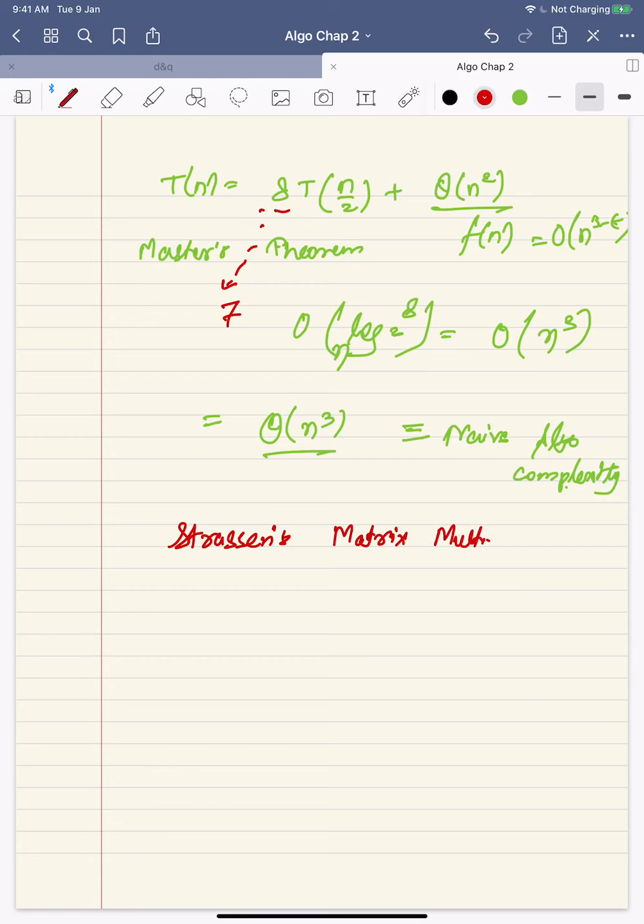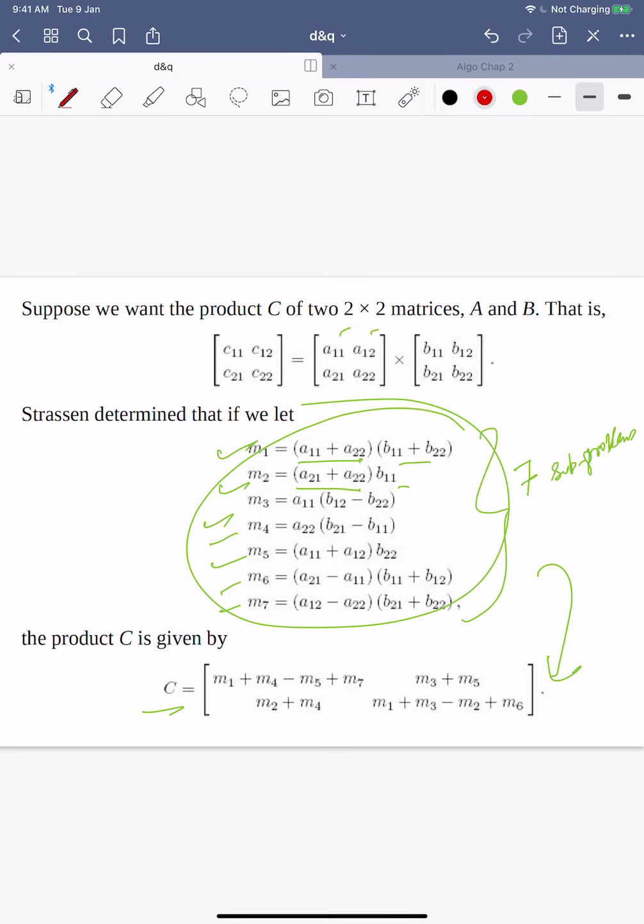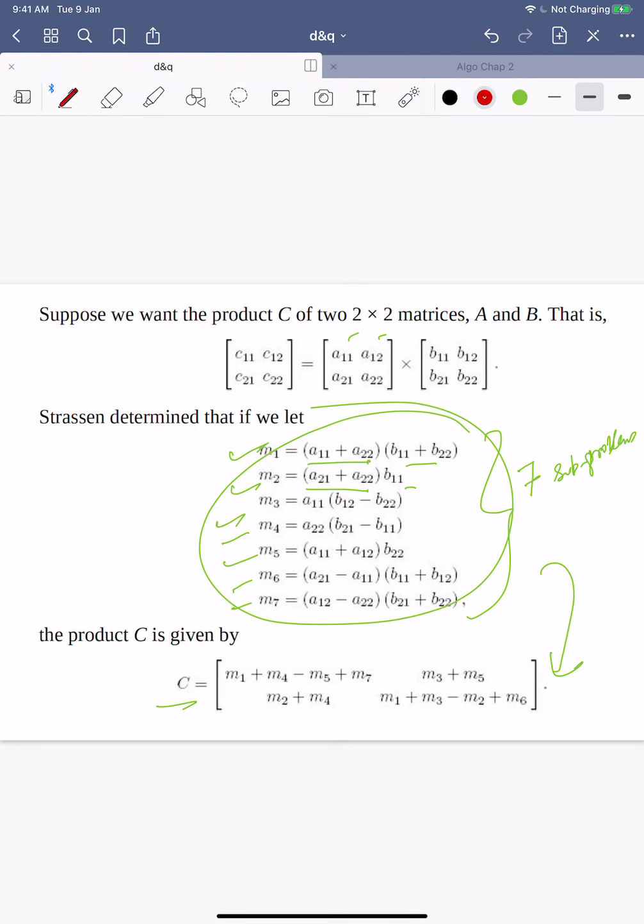So there was Strassen. This is called Strassen's matrix multiplication. He came up with these 7 subproblems. The terminology is different, but the idea is this. You have sub matrices of size n by 2 cross n by 2 each. Now he came up with these 7 terms, m1 to m7. Like m1 is a11 plus a22 times b11 plus b22, m2 is a21 plus a22 times b11, and so on.